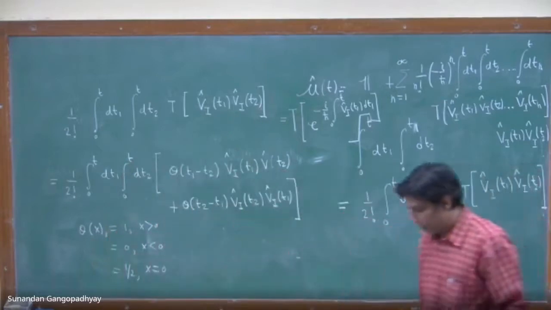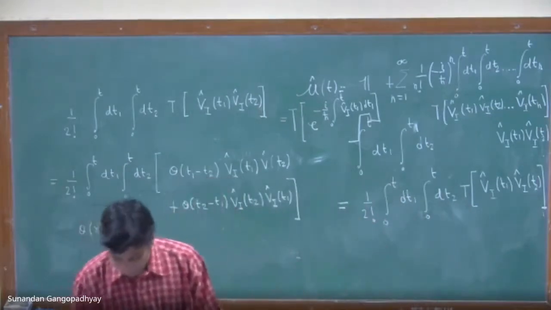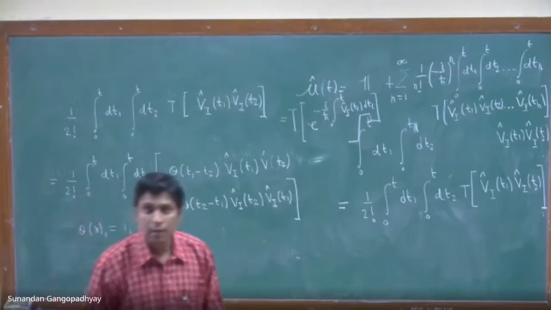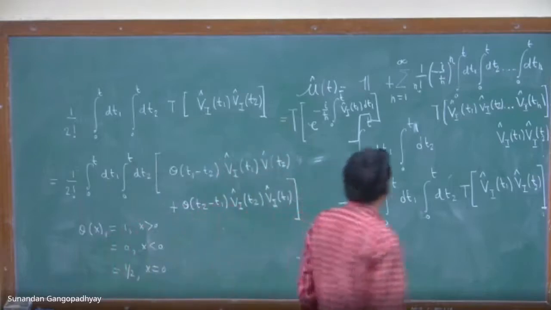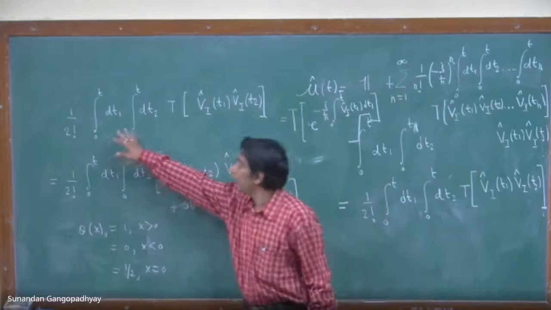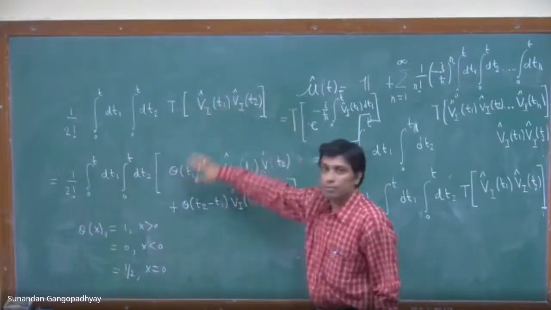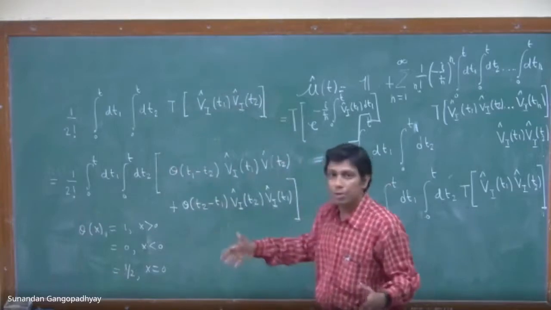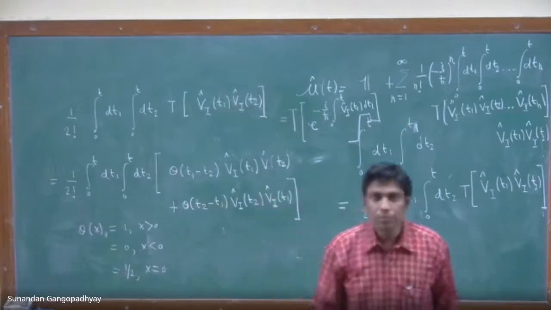So do you have any questions at this point? You can try and check for the third order term. You just start from 1 by 3 factorial and write down the definition of the time ordered product of three operators.